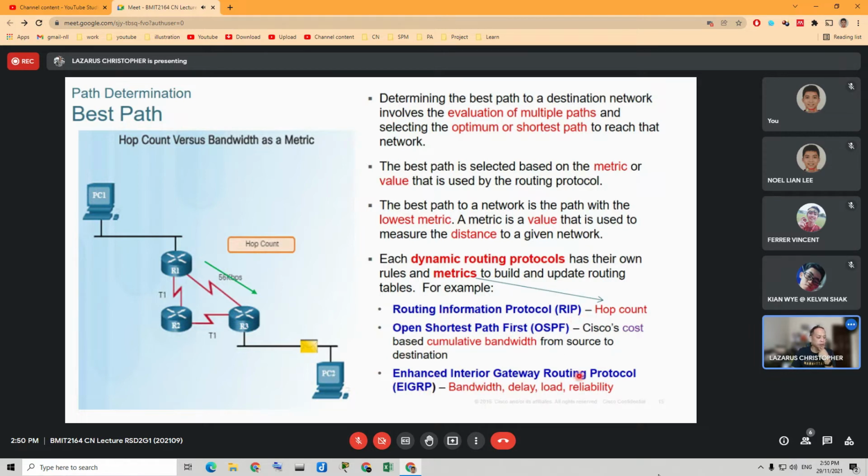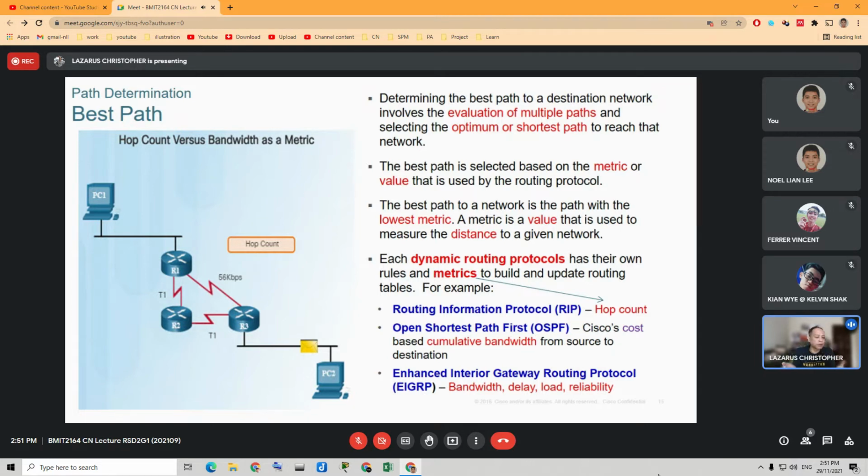And this only comes into play for the best path when you have multiple paths. If you consider the previous one, there's no other path, so this doesn't come into consideration at all. It depends on how complex your topology is. Because you are the one going to design the network, right?